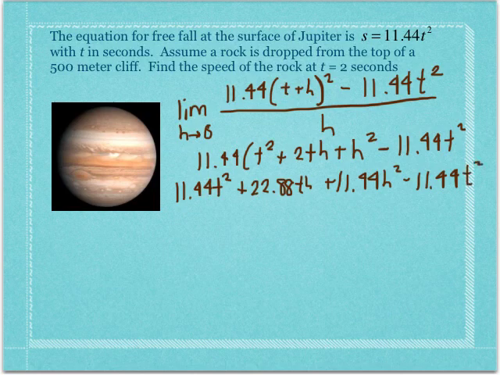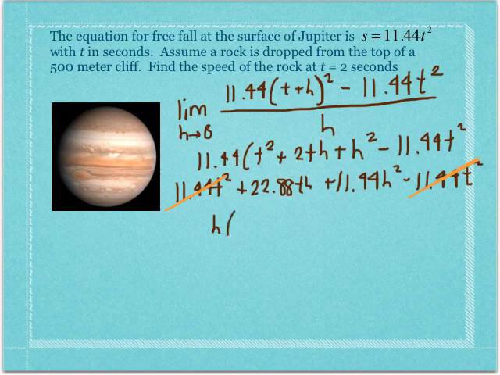As you might have guessed, some stuff cancels out here. The 11.44 and negative 11.44. And so looking at what we have left, remember we still have that h in the denominator, so I can factor out one of the h's.